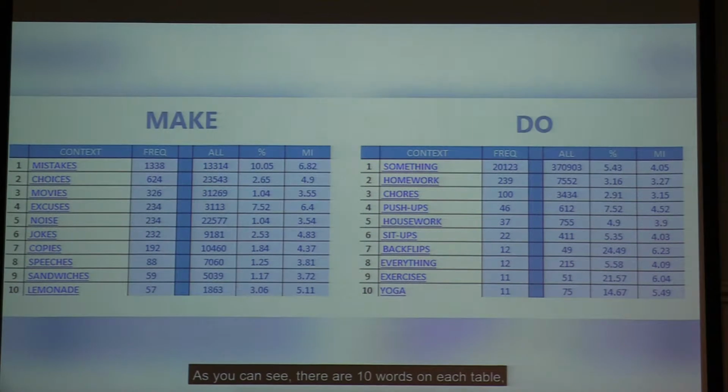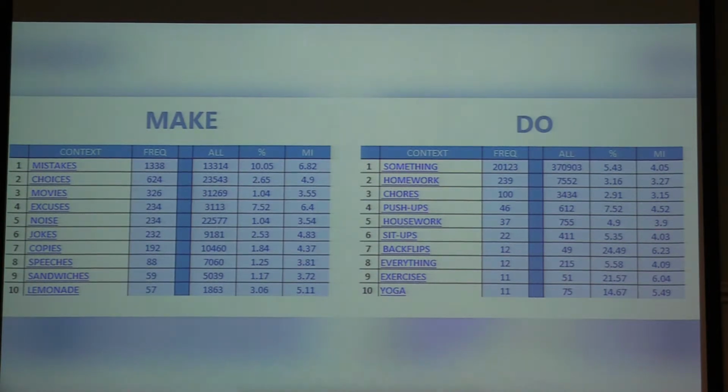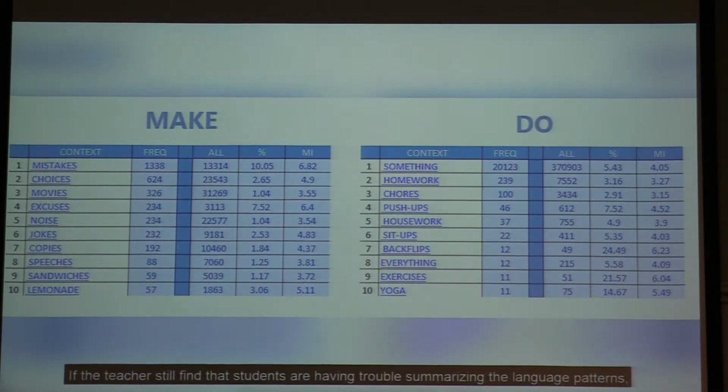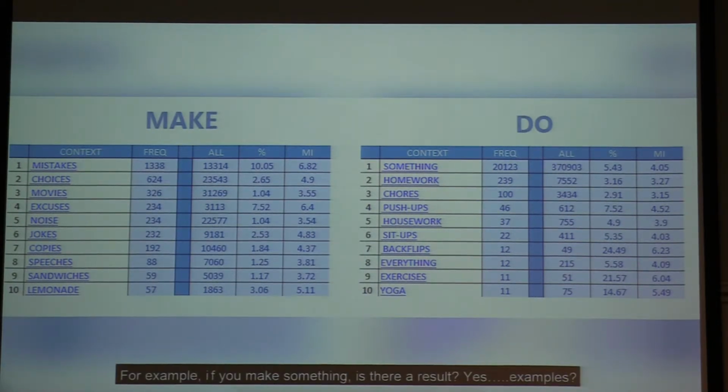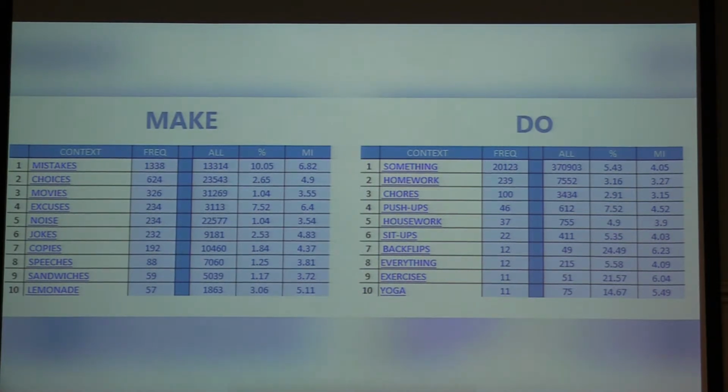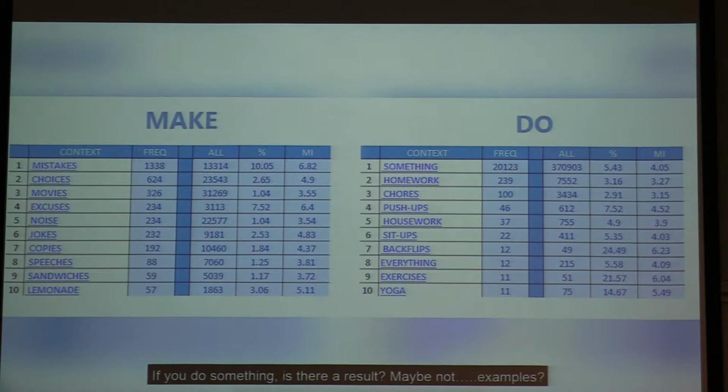As you can see, there are 10 words on each table, and we've chosen easier words for students to work with. If the teachers still find that students are having trouble summarizing the language patterns, he or she may provide some scaffolding with the class. For example, if you make something, is there a result? Yes. For example, if you do something, is there a result?